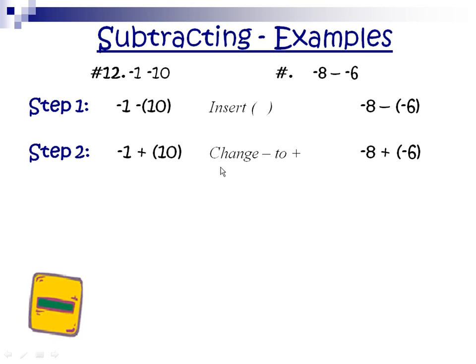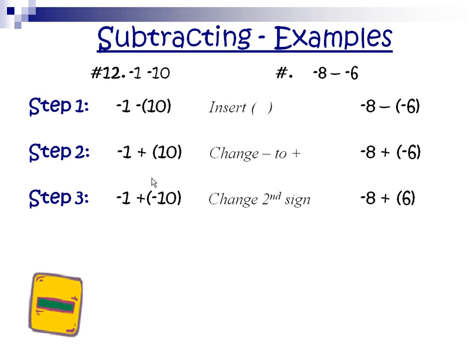Step 2 would be to change the minus sign to a plus sign. Step 3 would be to change that second sign to its opposite. Originally for number 12 we had a positive 10, but now we made it a negative 10. And originally on this one, which I forgot the number for, we had a negative 6 and now it becomes positive 6.